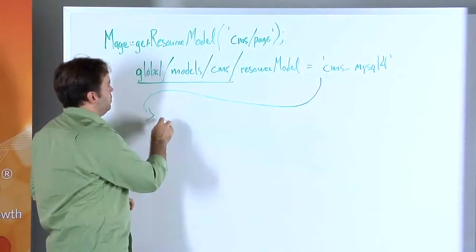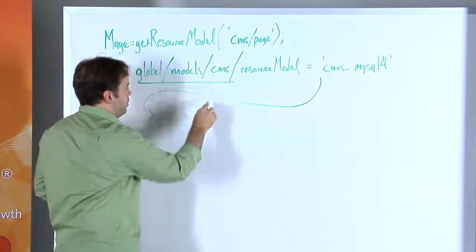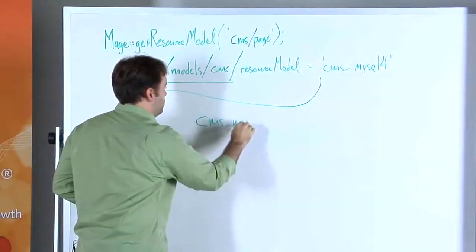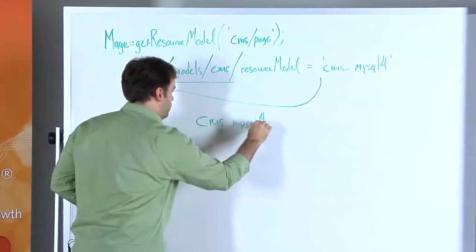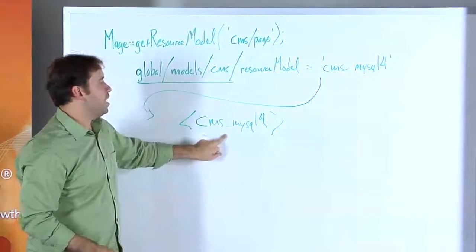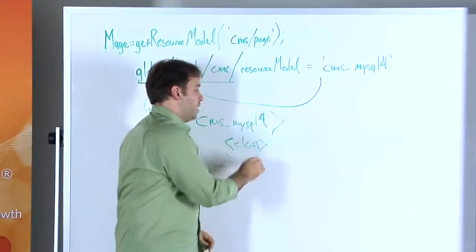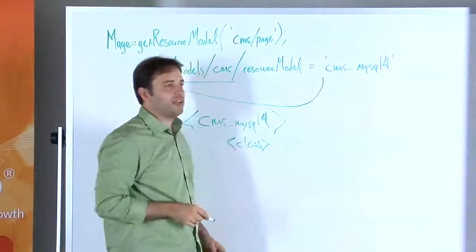And we'll end up looking under global, models, CMS, MySQL 4. So this is itself a node under global models. And then in there, it's the same thing that we've seen already with a class name. And in our case, what's important is the rewrite node. So the exact same thing happens.